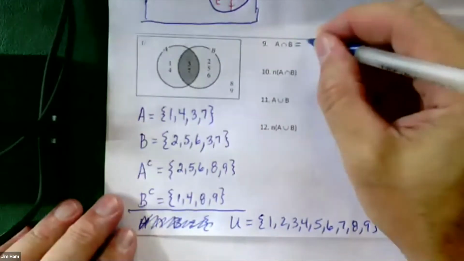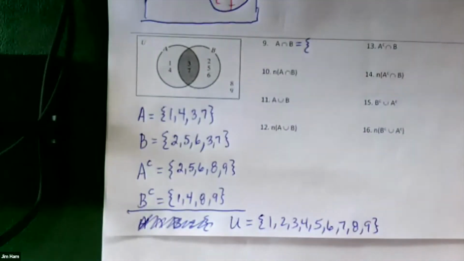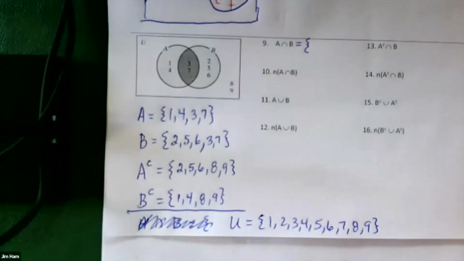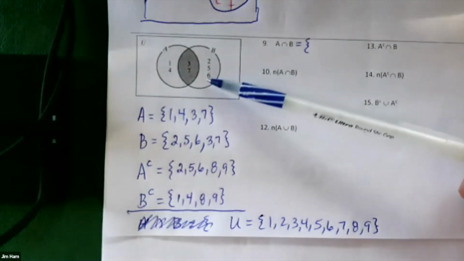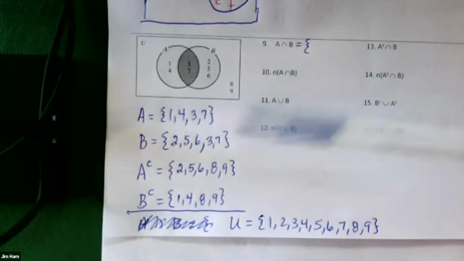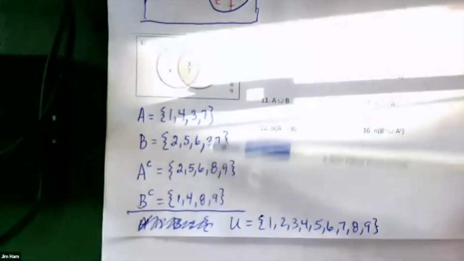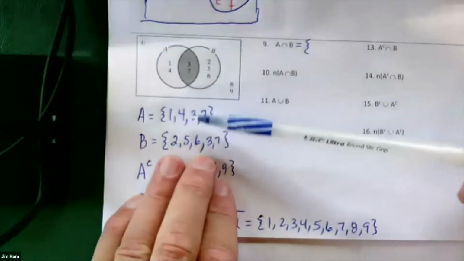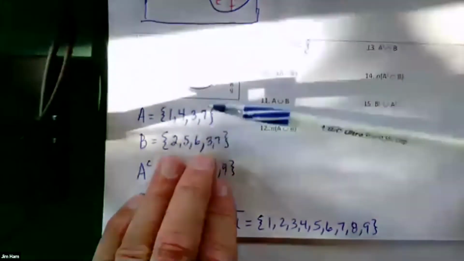All right, let's go ahead and write down some of the answers here. I guess I want to do some of both columns. So A intersect B. I think it's easier to just look at the Venn diagram to find the intersection than to figure out what elements are common between A and B down here. You can see that 3 is in both sets and 7 is in both sets.